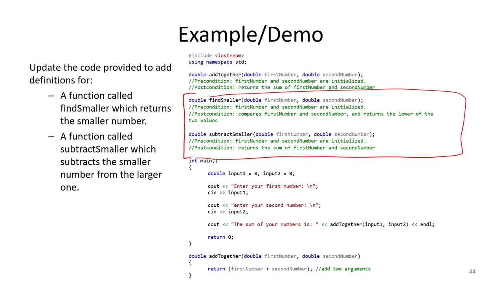We want to add a function called find smaller, which will return the lower of the two values. Should be parentheses.